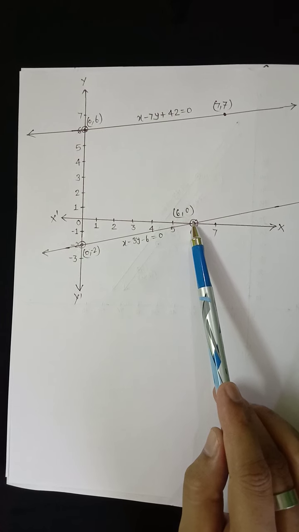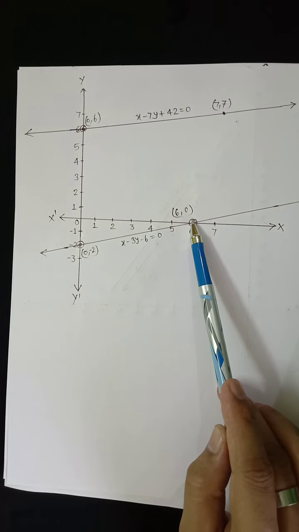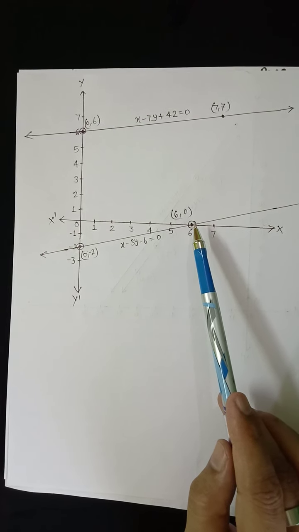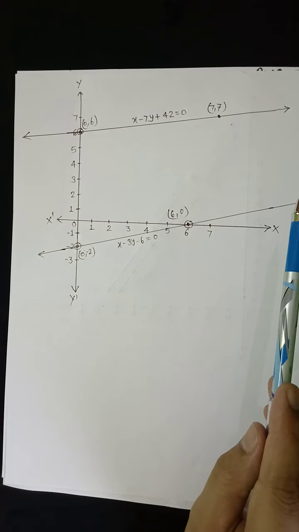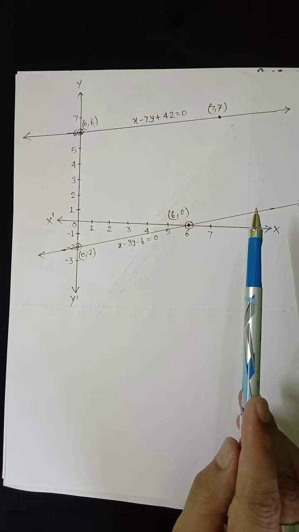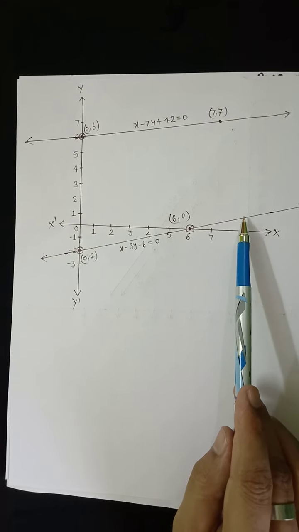With this point they meet. In this figure we observe that the two lines intersect at a point. So the intersecting point is called the solution of these equations graphically.